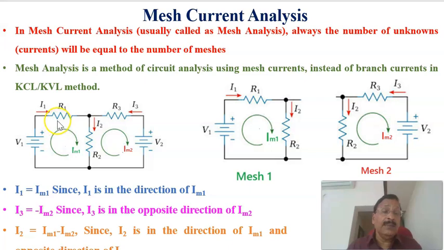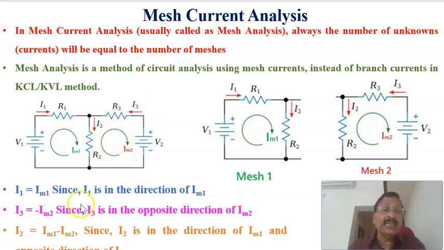To calculate the branch currents in terms of the mesh currents, the current flowing through resistance R1, branch current I1, is the same as the mesh current IM1, since I1 is in the same direction as IM1. Similarly, the branch current I3, the current flowing through R3, is equal to the negative of IM2, the second mesh current, as it is in the opposite direction.